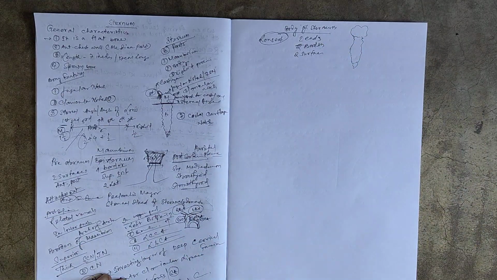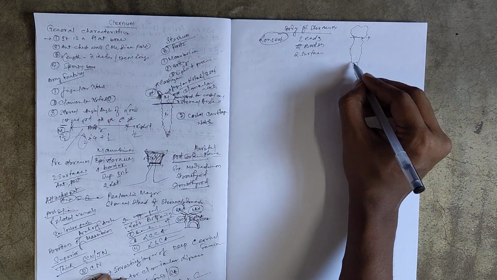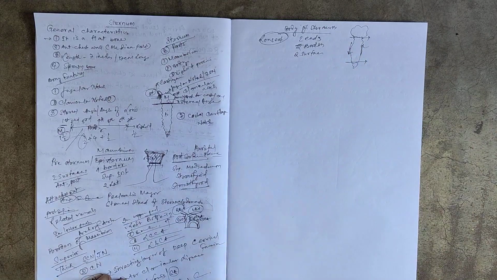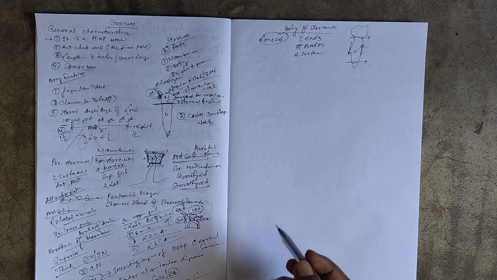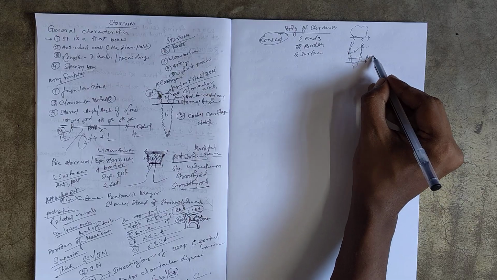If we take this as a sternum, then it has two ends, two borders, and two surfaces, one anterior and the one behind is posterior. And the body is widest near its lower end. In the lower part, it is quite wider than the upper part.